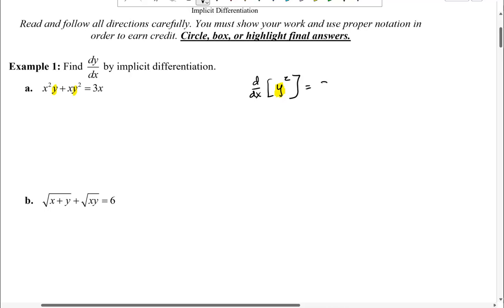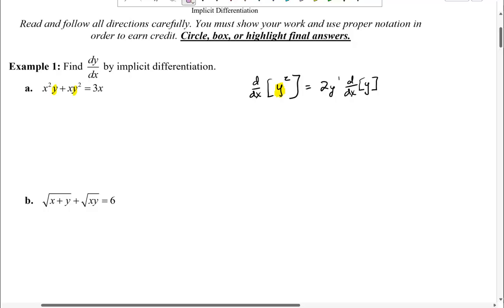So this would equal 2y to the first power, that's using the power rule, but then we'd have to multiply by the derivative of the inner function, which a moment ago I said imagine it's sine x, we would put the derivative of sine x.